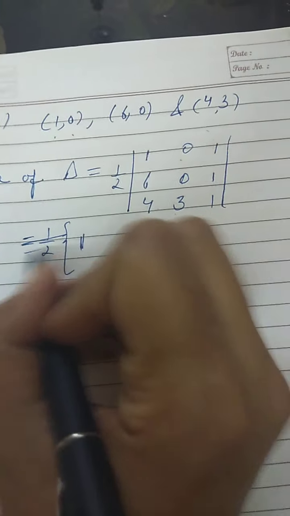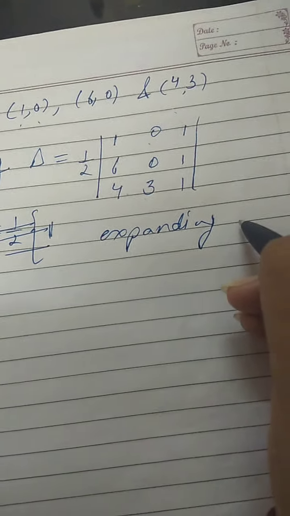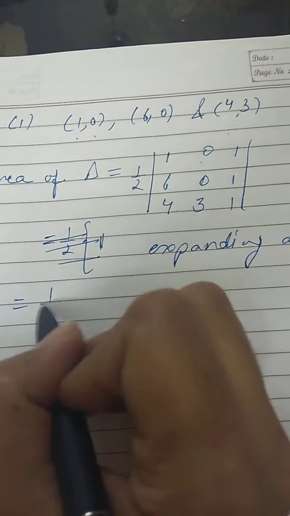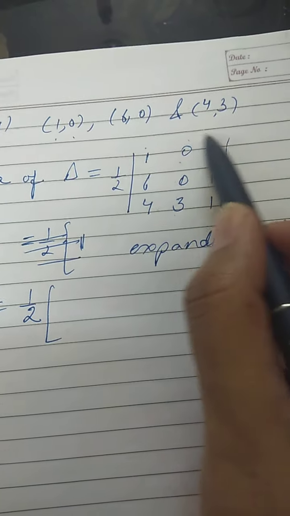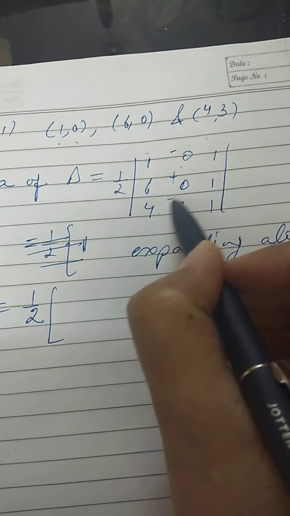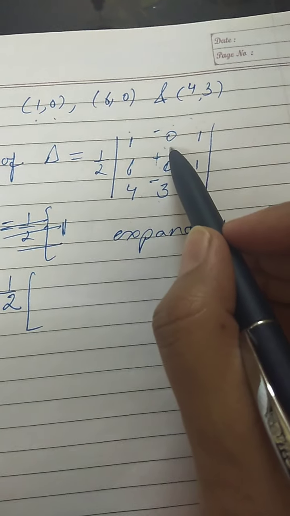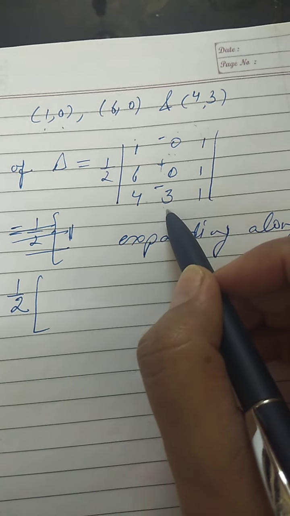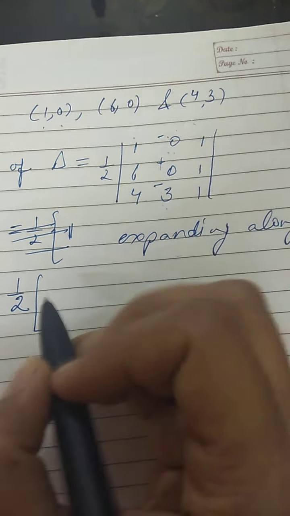So if I write down expanding along C2, we will write down here 1 by 2, right? And if you remember, the signs are positive, negative, positive. So if this is negative, this will be positive and this will be negative according to the address of the element. This is odd position, this is even position, 2, 2 position, this is again odd position, 3, 2 position. So the signs will come accordingly: minus, plus and minus, right?